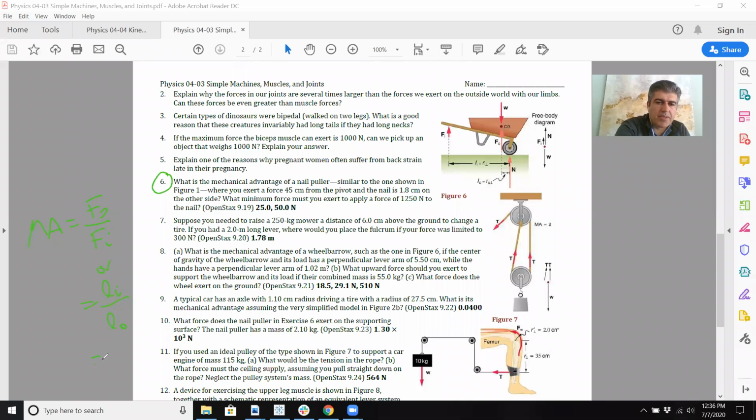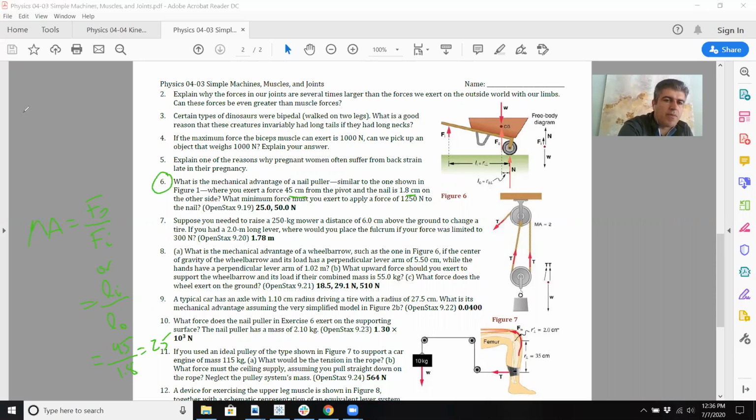So that's how long, I guess, this nail puller is. And you don't have to change units if these units are the same. And that's only going to move 1.8 centimeters. So the mechanical advantage, if I work that out, will be 25.